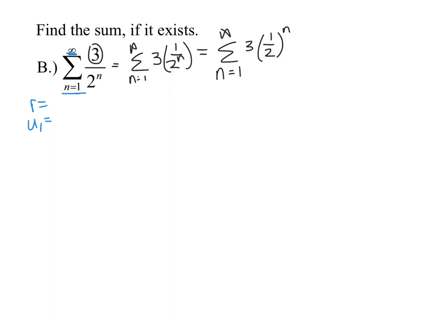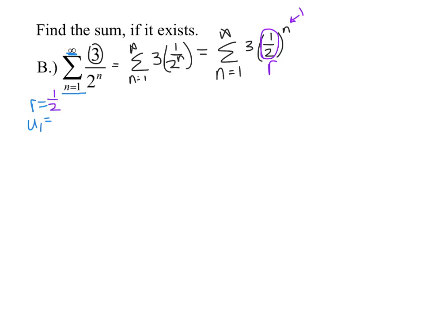So now with this notation, whatever is being raised to the power of n, so this 1/2, that's going to be your common ratio, if you remember summation notation for geometric sequences. And to find the first term, you just have to substitute 1 in for n. So we know our common ratio is 1/2.